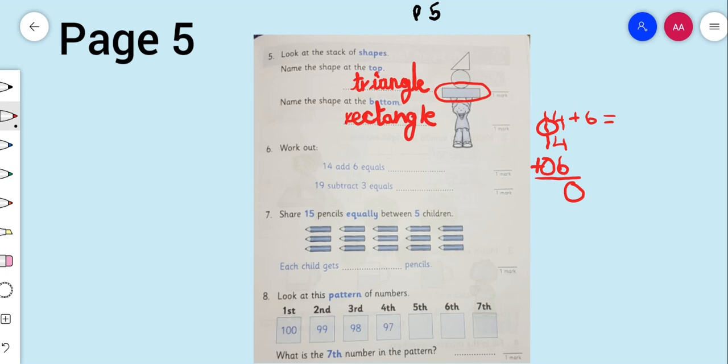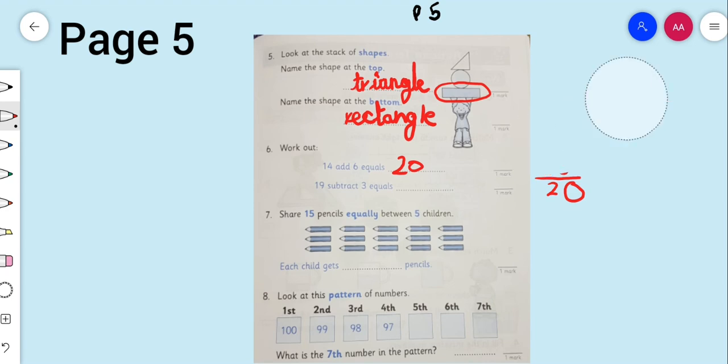And then 1 plus 0 is 1. But then there's a remainder here. So do 1 plus 1, which is 2. So we'll write 2 here. So the answer is 20. So let's write 20 here. And 14 add 6 equals 20 as well.